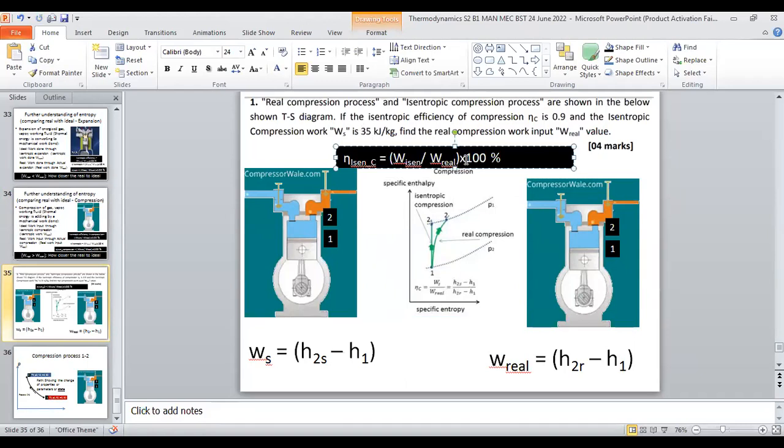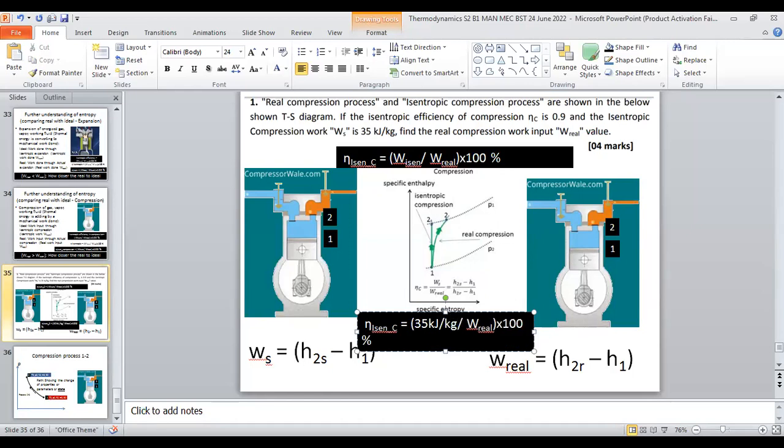This is 35 kilojoule per kilogram, divided by W real, times 100.